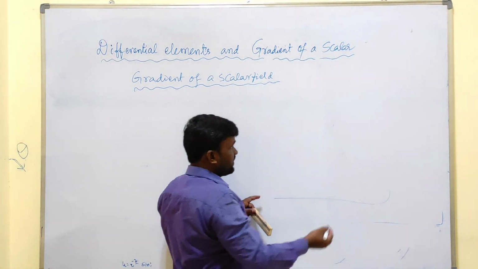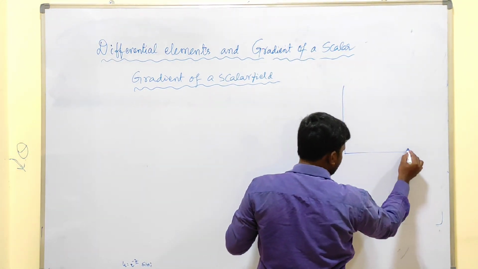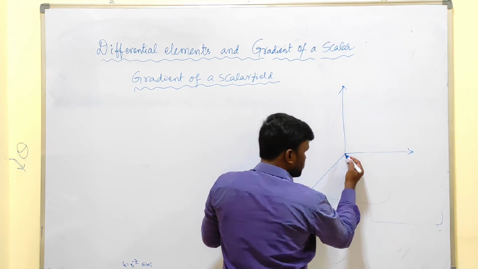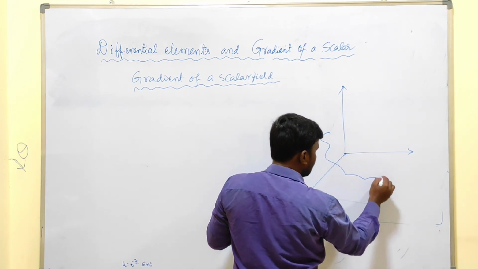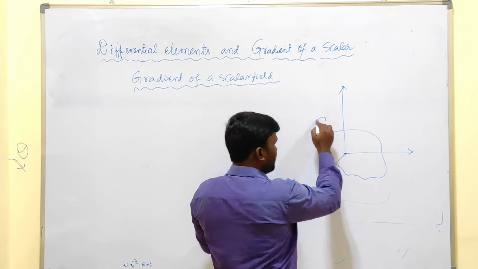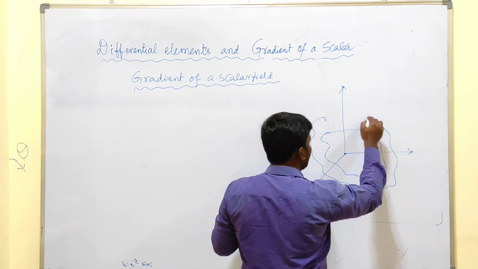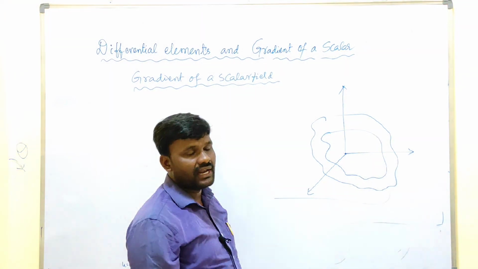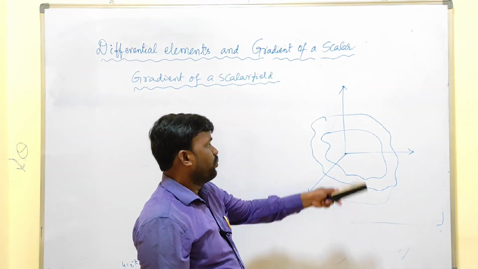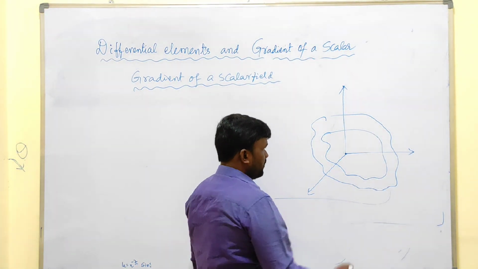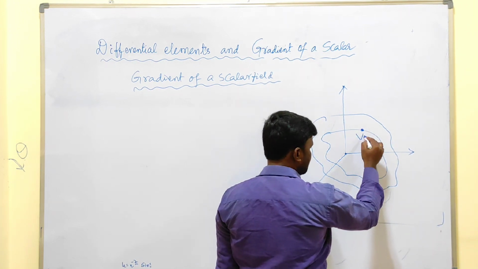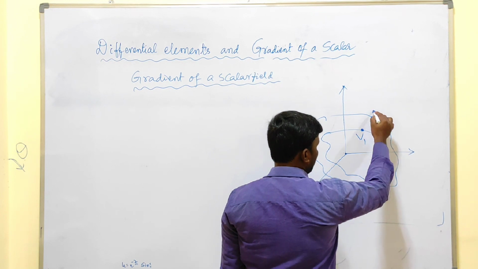Now let us take two surfaces. One is like this and another one is like this. Let us assume these have equal potential at each and every point. For this one I am taking a potential of V1 at every point, and here V2.